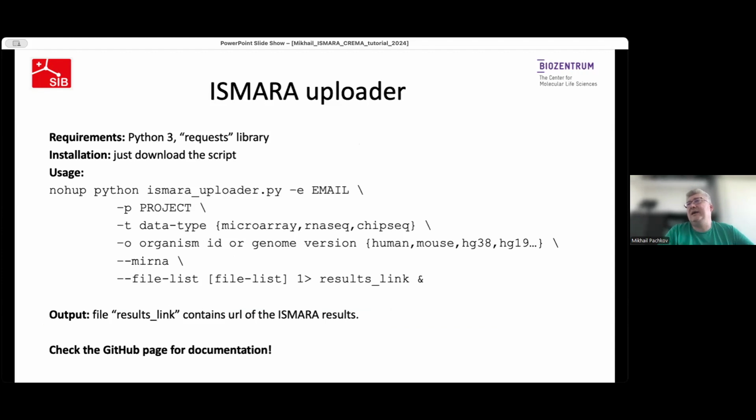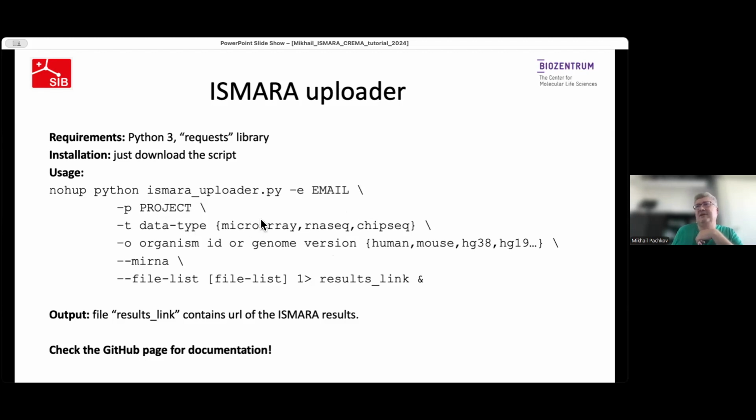And here is an example of how to run the uploader script and what kind of options it accepts. Basically you use the following command, python ISMARA uploader. You can specify your email. Again, this is optional; you can skip it. You specify your project.